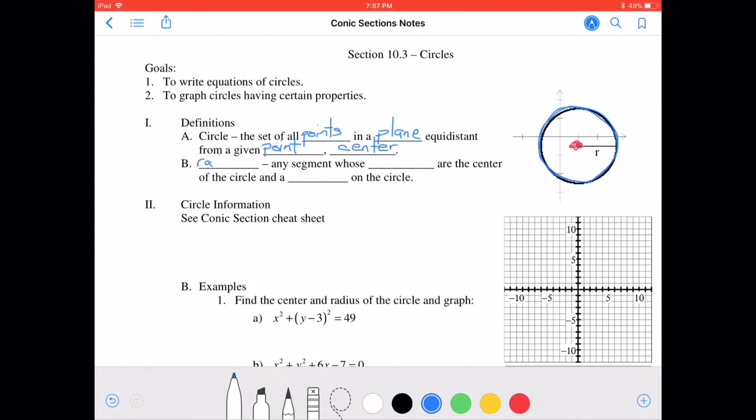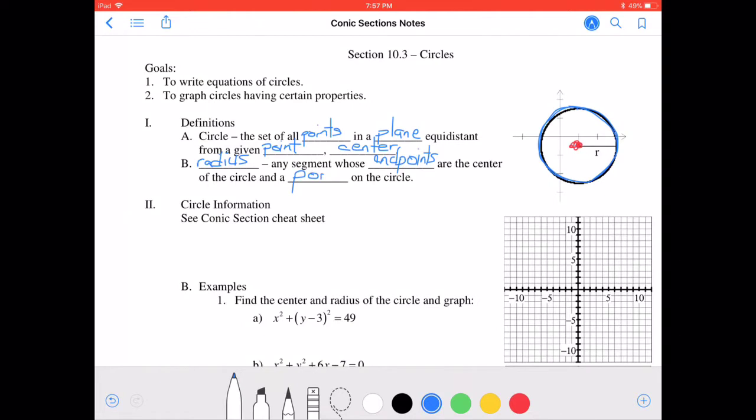So the radius is any segment whose endpoints are the center of the circle and a point on the circle.